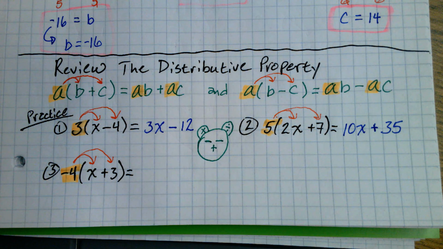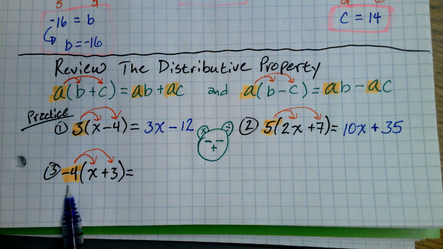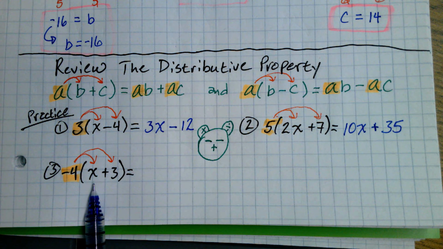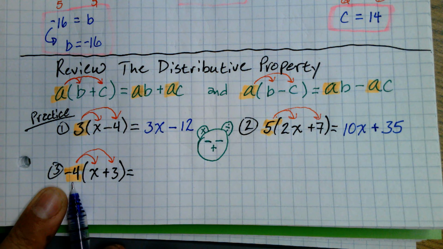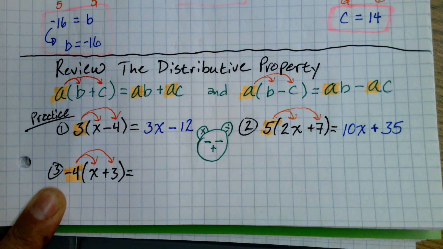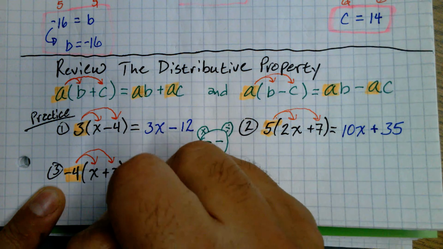What do we get when we multiply negative 4 with x? Negative 4x. Think of it as a negative times a positive, so it stays negative.